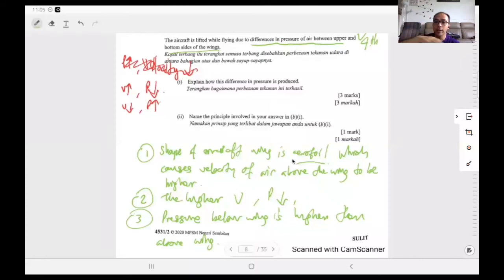And then the third point, pressure below the wing, because above is low pressure, so below the wing is higher than above the wing. Then the 4th mark, talk about the difference in pressure. The difference in pressure causes the wing to be lifted. This is the basic explanation of Bernoulli's principle, which can be summarized in 4 marks. It's also in your black book.